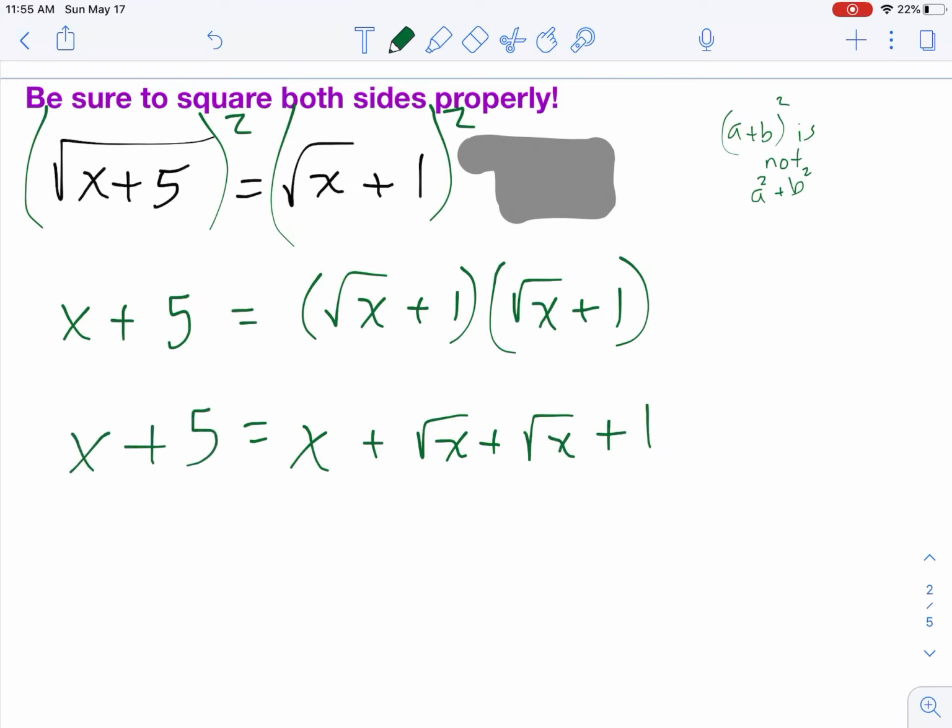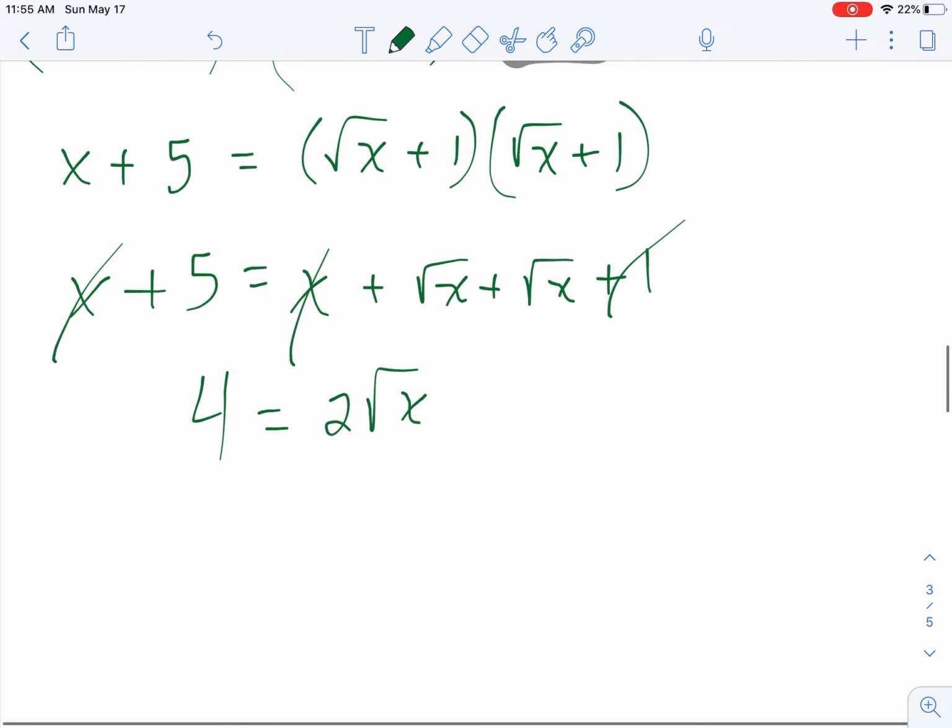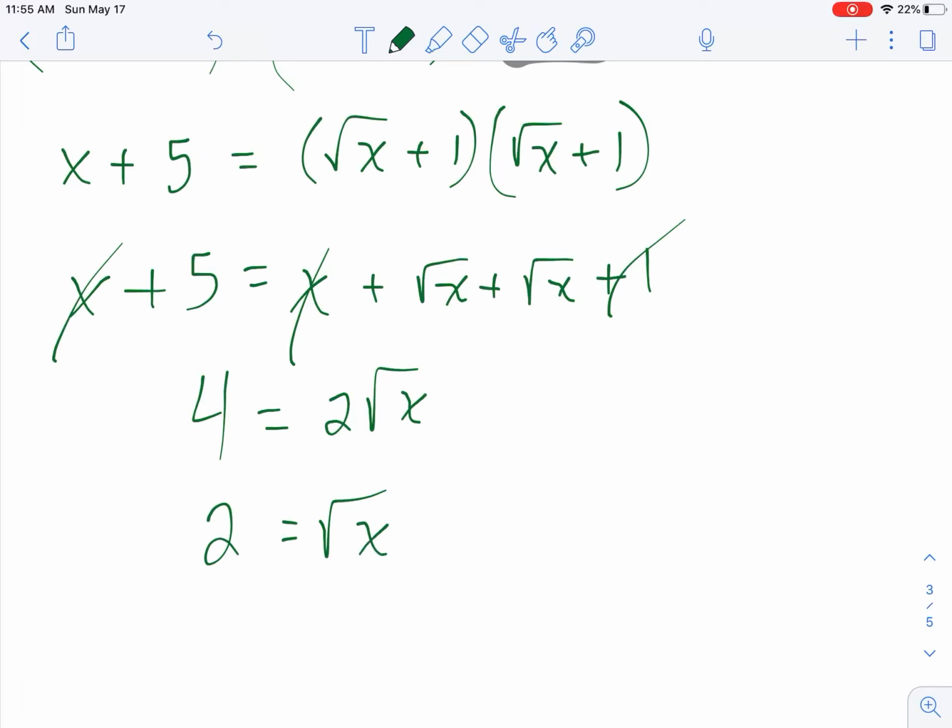Okay, equals x plus 5. All right, I'm going to subtract x from both sides. See you later. I'm going to subtract 1. So I'll get 4 equals 2 root x. Huh. Okay. I could divide by 2, so 2 equals root x.